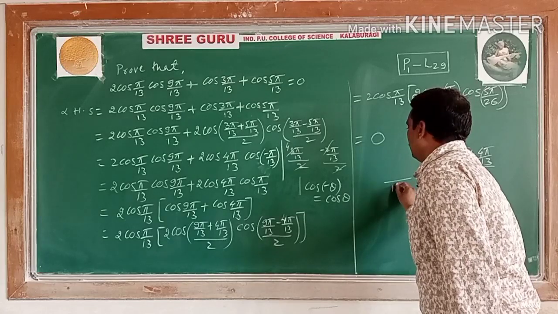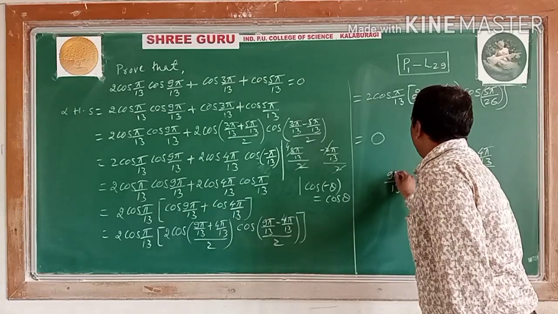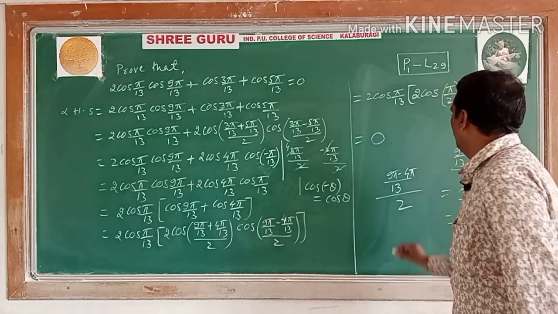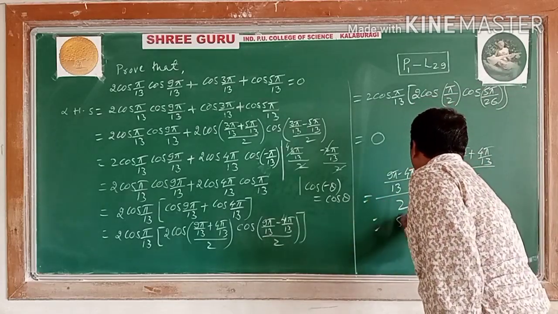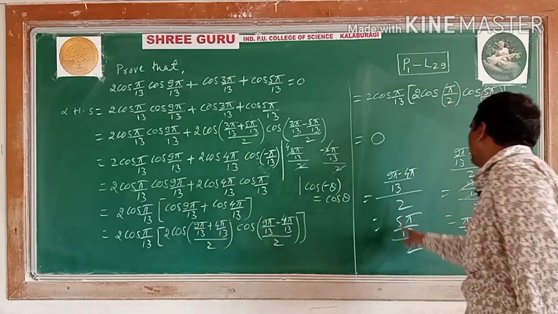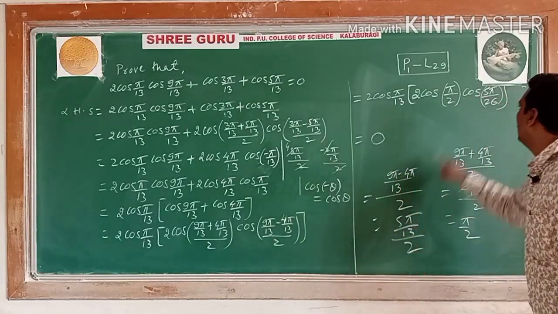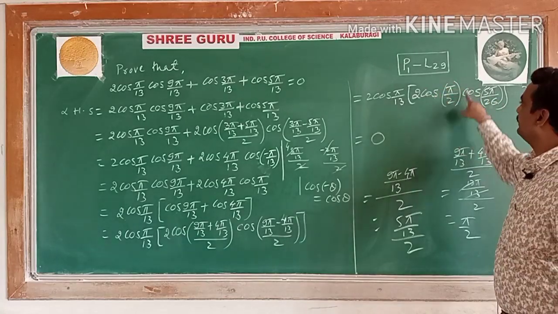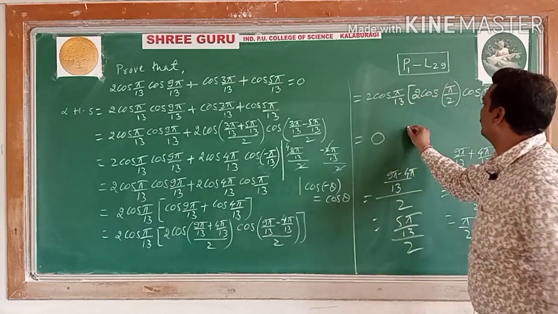See, 13 LCM here, 9 pi minus 4 pi divided by 2, how much it is? 5 pi by 13 divided by 2. If it is not possible, take this 13 denominator, it becomes 26. But here, one of the terms is cos 90, because of cos 90 this is equal to 0.